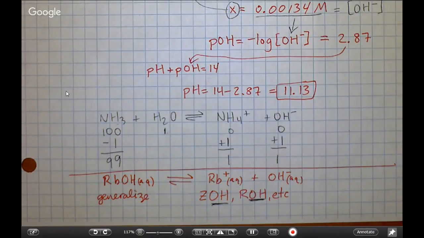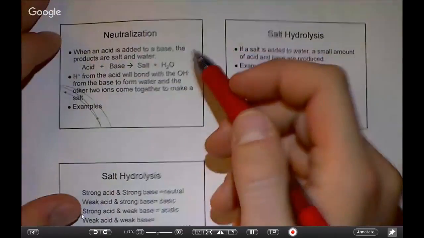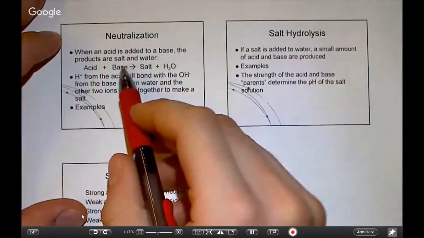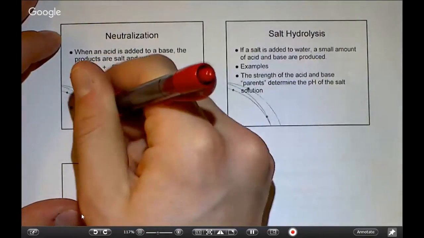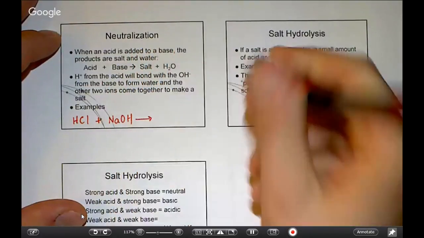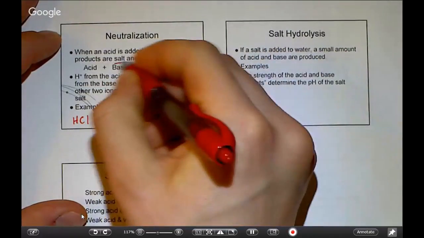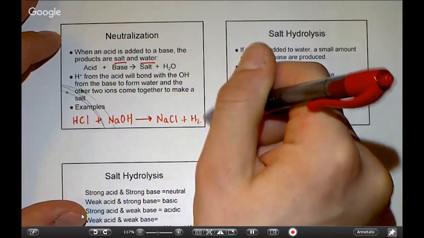I think I'm actually going to wait and we'll do neutralization quick because it's super quick, and I already put it in the title of the video. So if you turn to the next page in your slides, neutralization just says when an acid is added to a base, for example, hydrochloric acid plus sodium hydroxide, the products are salt and water. In this case, sodium chloride and water.